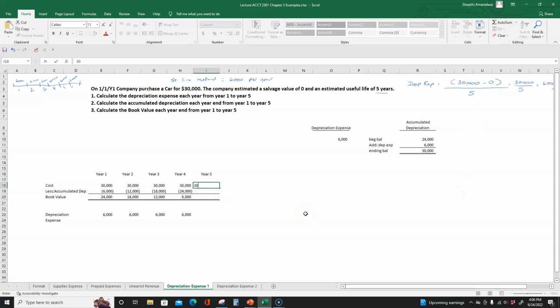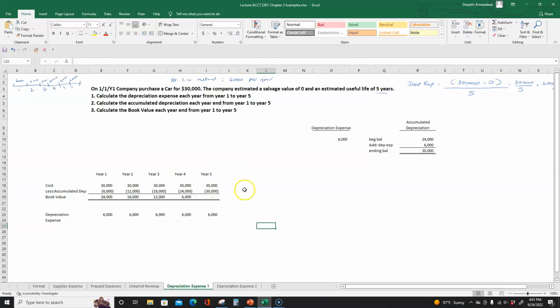For year 5, the cost of the car is $30,000. Accumulated depreciation is $30,000. Book value is 0. And depreciation expense for year 5 is still $6,000. At the end of year 5, which is our estimated useful life, we have a book value of 0, which is equal to our salvage value. We say that we have fully depreciated this asset.